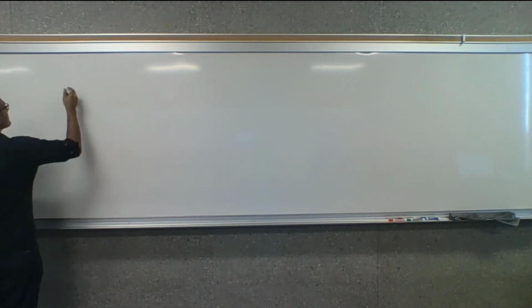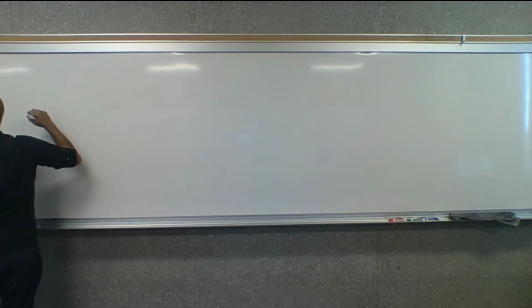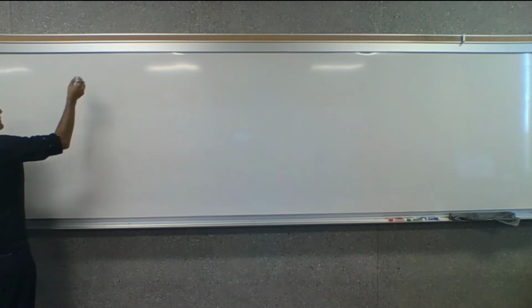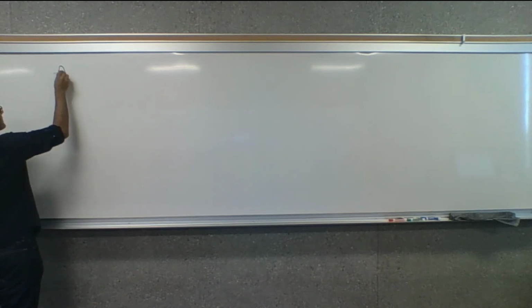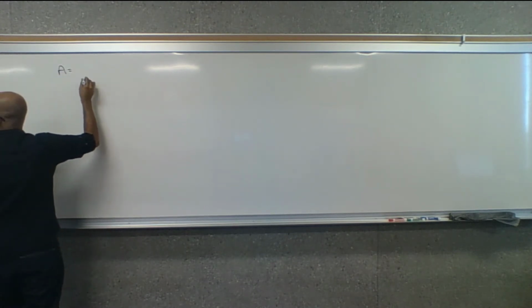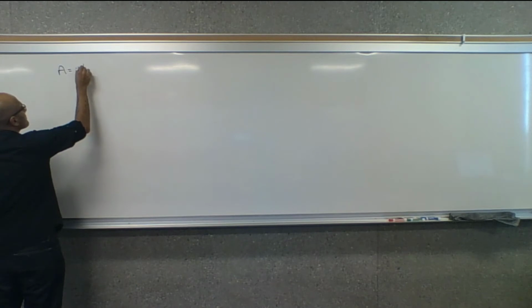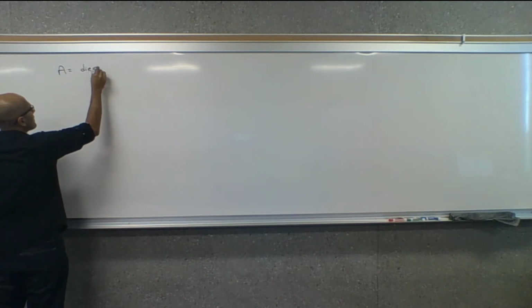Let's write it down. So the experiment is that we roll a 6-sided die. The sample space is all the individual values of 1 through 6. And then we have 2 events. Let's call event A that the die is a 4.